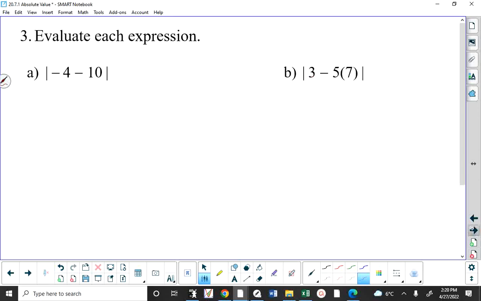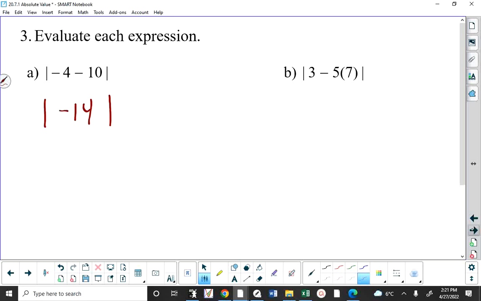In the meantime, let's get back to some questions here. Evaluate each expression. The absolute value of negative 4 minus 10. I think it serves you well to just think momentarily of the absolute value signs as just meaning a set of brackets. Figure out what it is inside. So we take negative 4 minus 10 and we get negative 14.